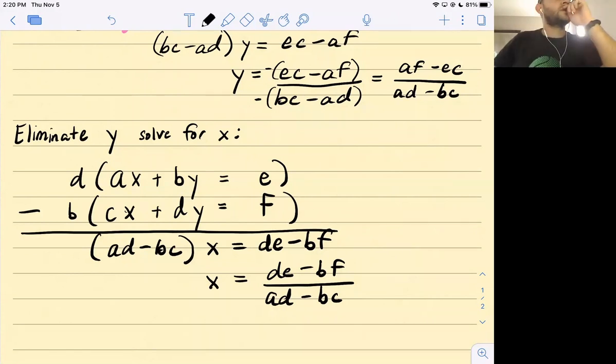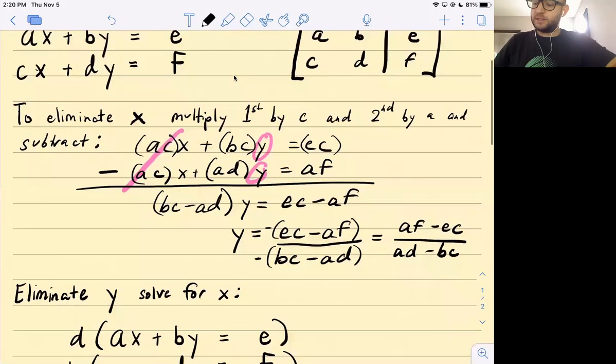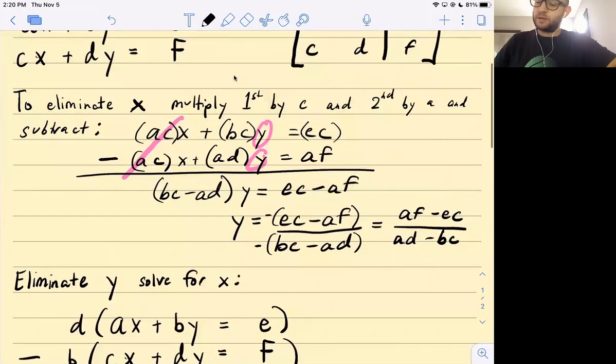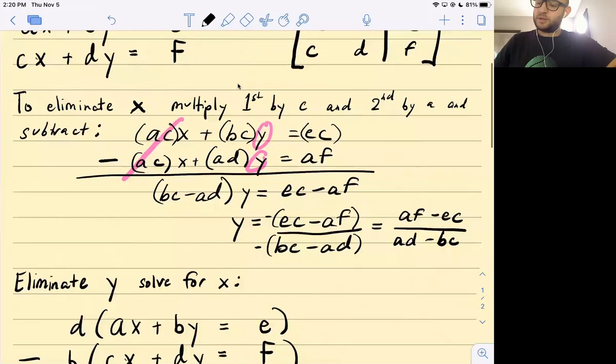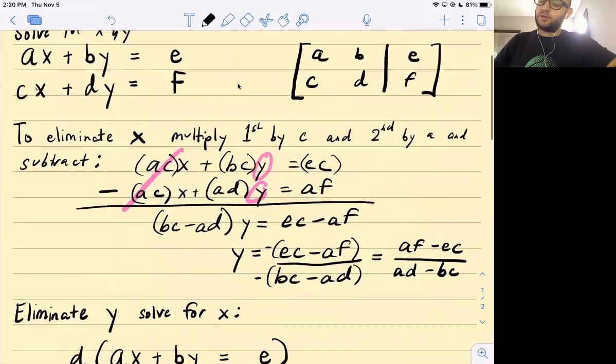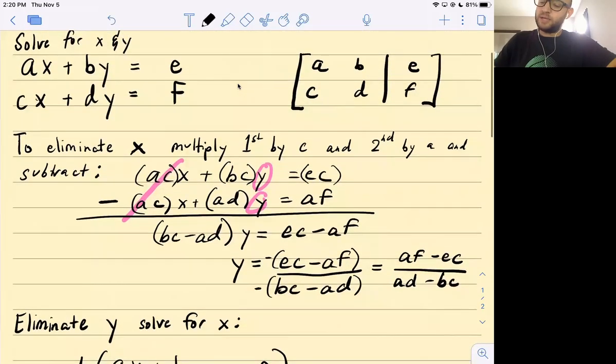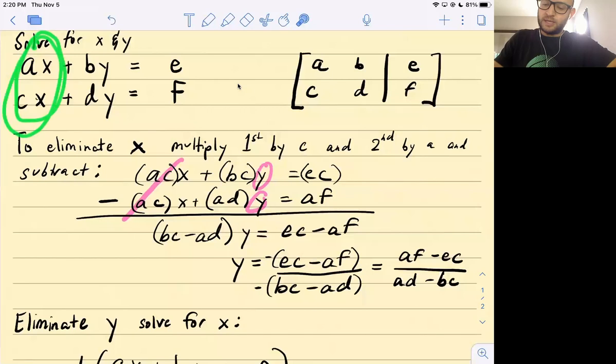Let's see. Okay, let me take a look here. And I was looking at ACX, BCX equals EC. So the goal in the first example was to eliminate the x variable.